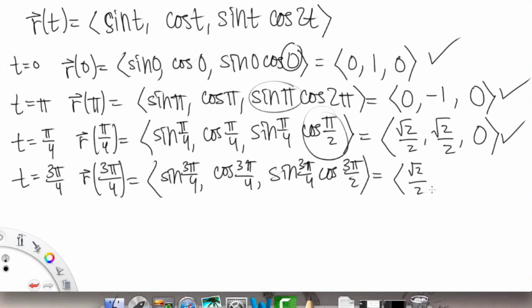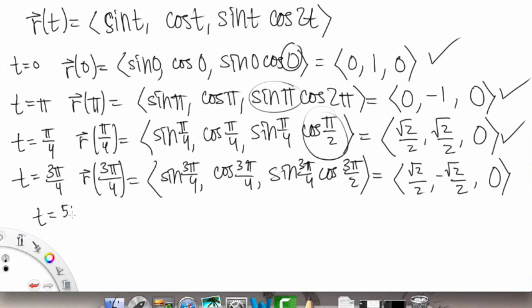We're still above the x-axis, in the positive y's. And then cosine 3 pi over 4, though, that is a negative. That turns negative. That's on the left side, between 90 and 180, right? And then for cosine 3 pi over 2, that's also just a 0, okay? Because there's no x component there.